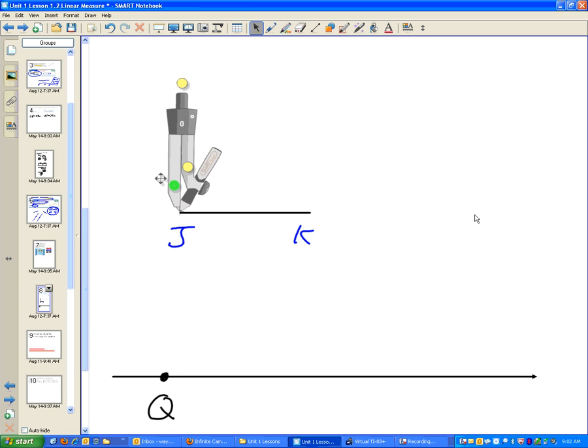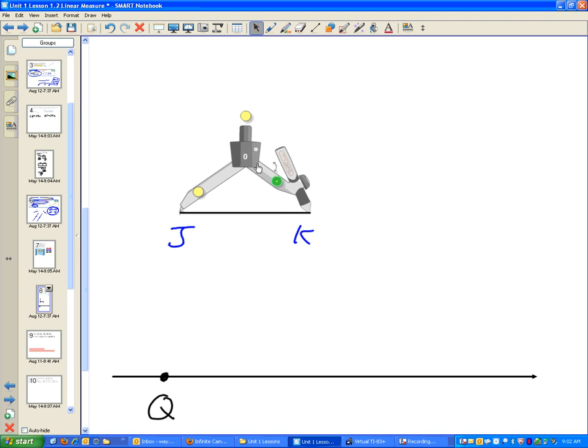Now, I stretch it out until the other end is on K. So instead of using a ruler to measure, we're using a compass to measure. Everybody thinks all a compass is for is to draw circles. I'm not sure we'll ever draw a circle with it. We use it to measure. All right, so I've done that.